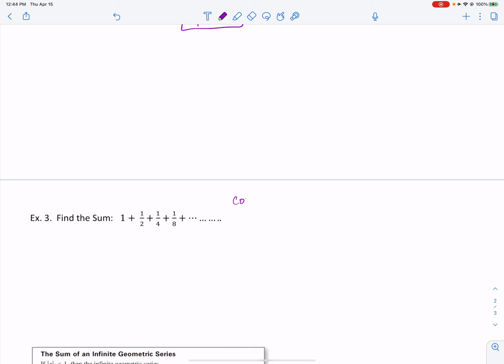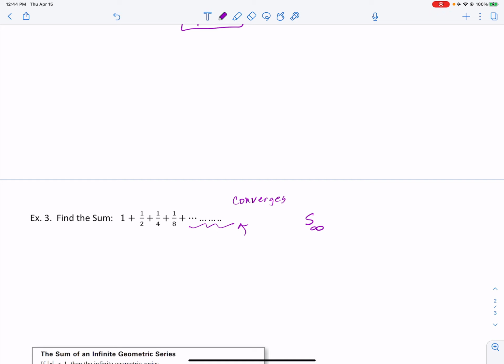This is a convergent series to a specific number. Even though you're adding an infinite number of terms, that's what this plus dot, dot, dot, and there's no end in sight. It just keeps going. We are looking for the sum to infinity. That's what we talk about it as.